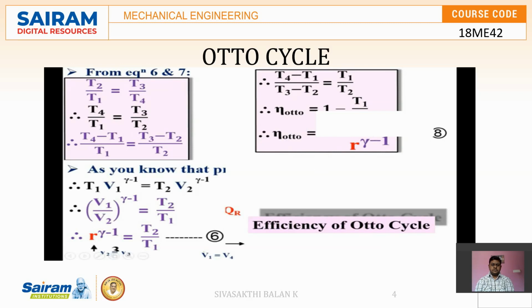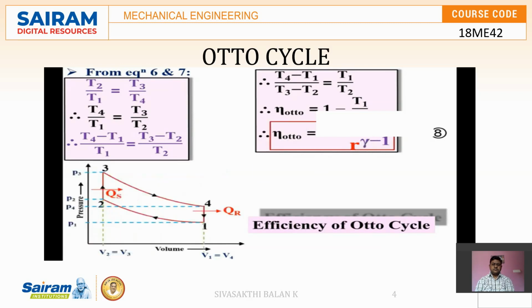And look carefully at equation number 8: the efficiency of Otto cycle depends only on two parameters, compression ratio and adiabatic index. And you know that the adiabatic index for the air standard cycle is always 1.4.